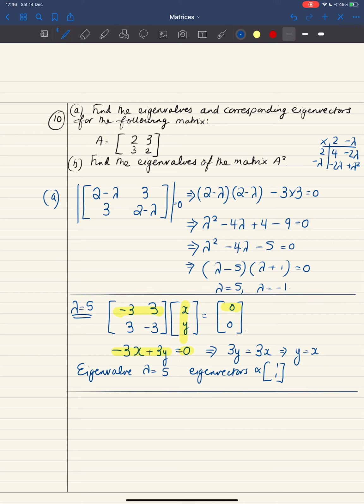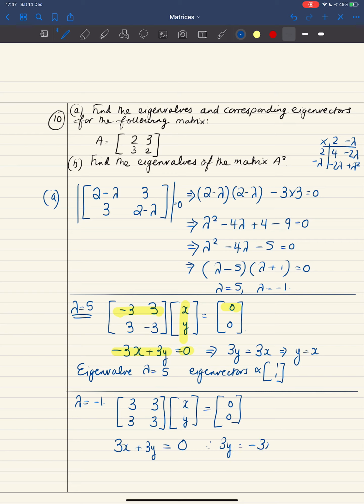Okay, now next one, lambda is -1. So we've got 2 minus -1, which is 3, and that's 3, that's 3, and that other corner is 2 minus -1, which is 3, times x, y is 0, 0. So we have 3x plus 3y is 0, so therefore 3y is minus 3x.